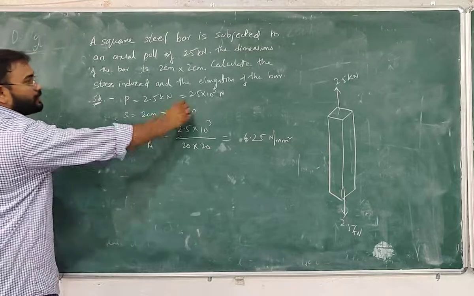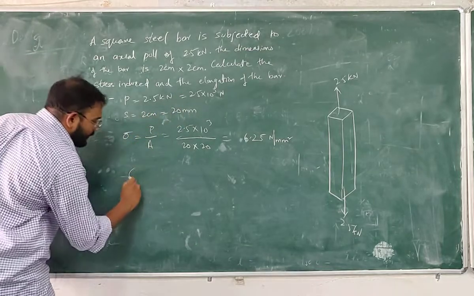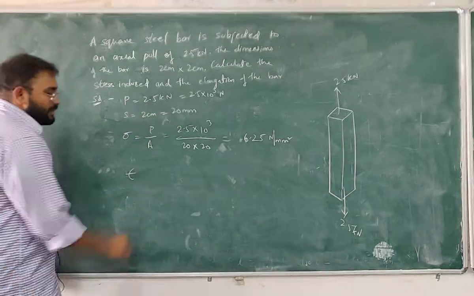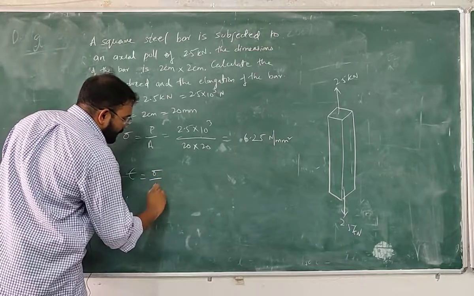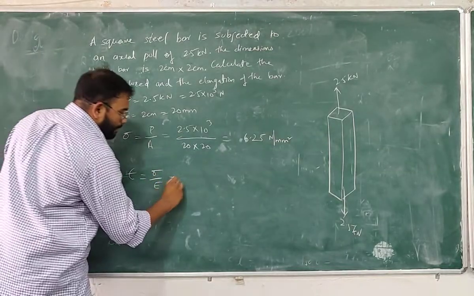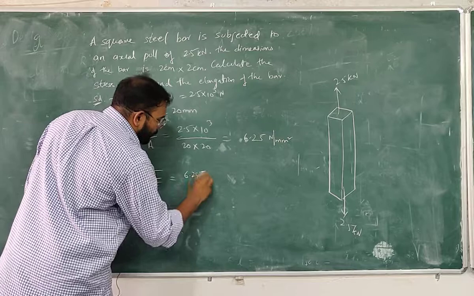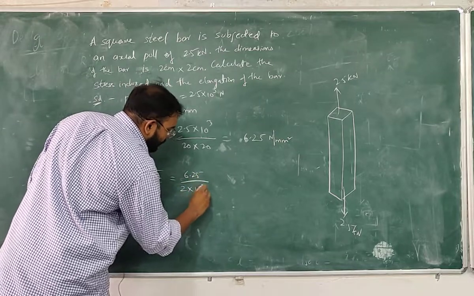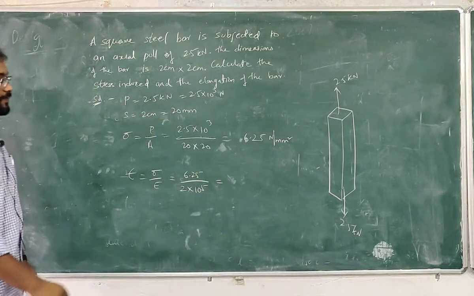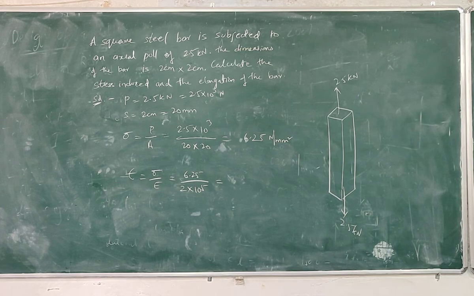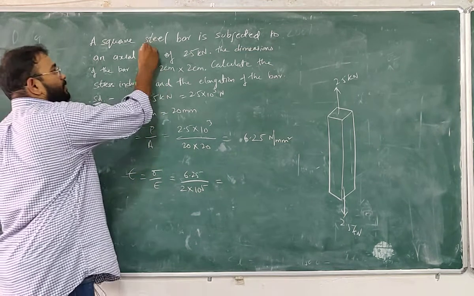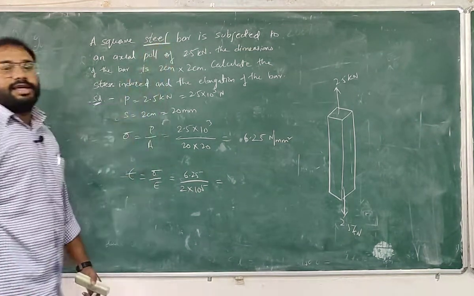Next, also calculate delta L. For delta L, first you require strain. So strain is equal to sigma by E, which is equal to 6.25 divided by 2 10 to the power of 5. Always remember, for a steel bar, you will not be given E value.